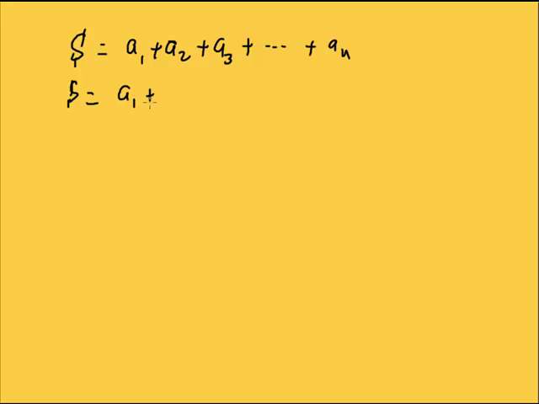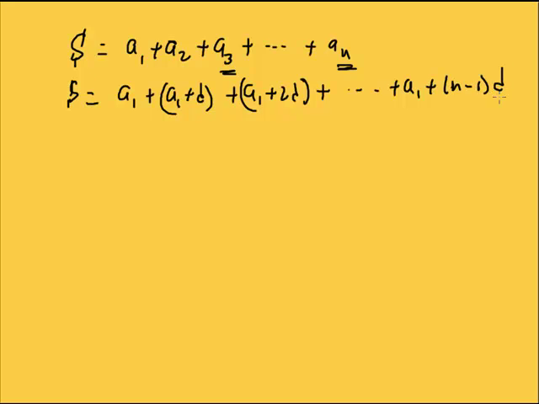A sub 1, and then a sub 2 is really a sub 1 plus a difference, and then a sub 3 was really a sub 1 plus 2 differences, plus dot dot dot, and then a sub n was really a sub 1 plus n minus 1 differences. This is my last term. Let's suppose we rewrite this backwards.